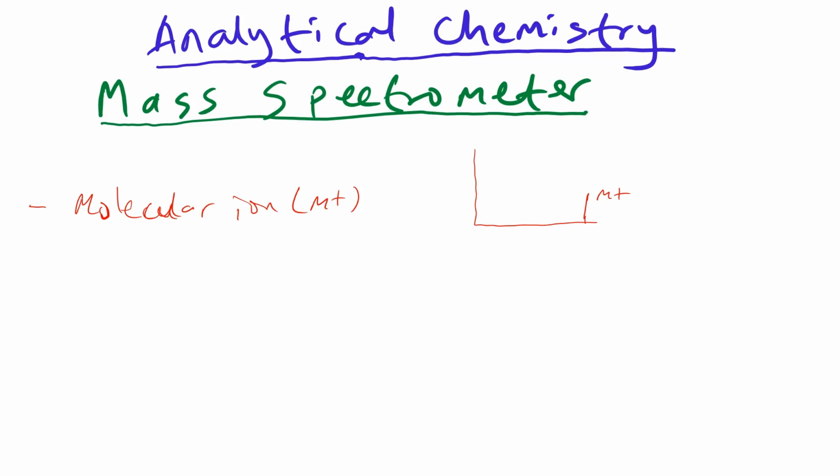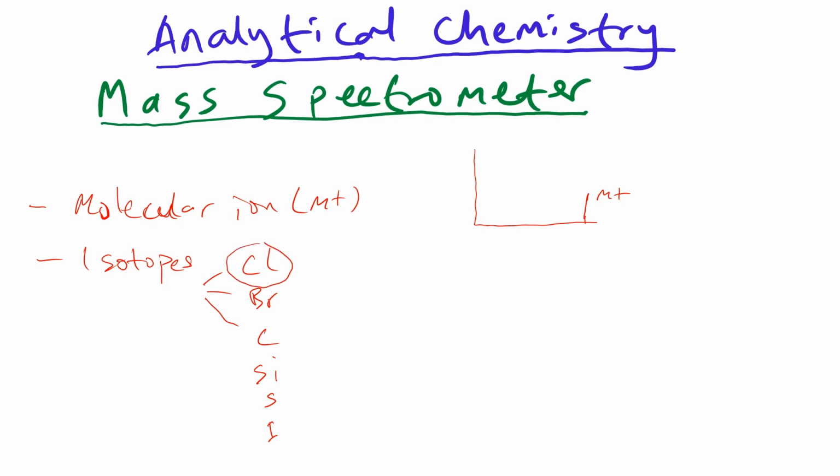And another thing you need to take note of is the isotopes. These are the things that you need to know before you are able to analyze a mass spectrum. So in mass spectrum, you should always look out for isotopes like chlorine, bromine, carbon, silicon, sulfur, and iodine as well. They usually leave an interesting pattern in the spectrum. For example, chlorine.